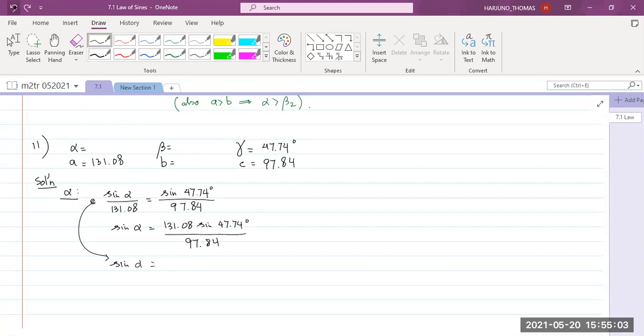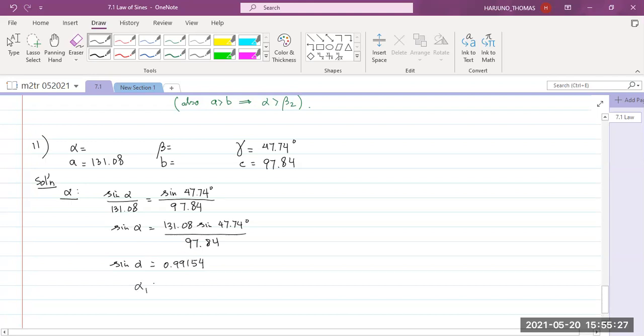No, you need to show me how you get that sine alpha. 131.08 sine 47.74 divided by 97.84, I get 0.99154. So alpha 1, the angle in quadrant 1, will be the inverse sine of that number. And write it down.